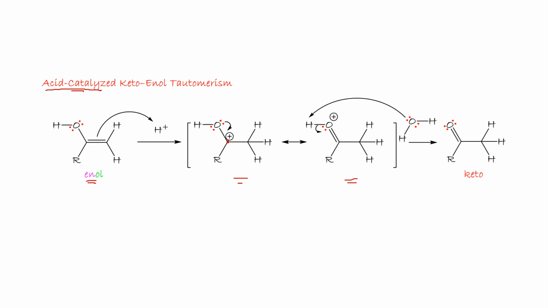The lone pair of oxygen will get down here between the carbon and the oxygen to form a double bond, and the positive charge will be on the oxygen. Proton transfer using a molecule of water gives the keto structure.